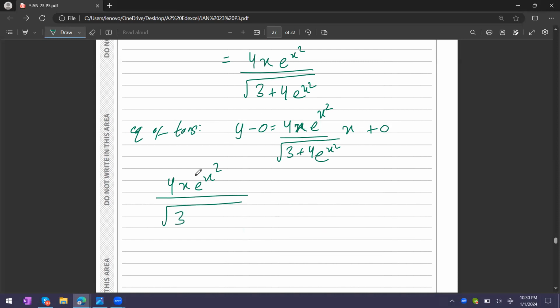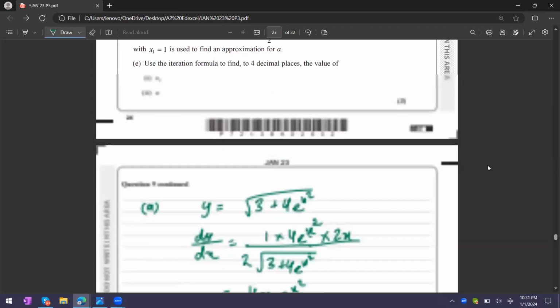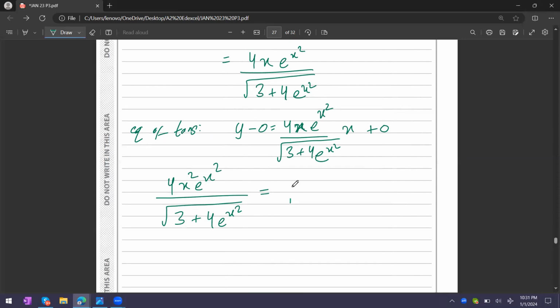There is an x also here, so that x is going to make it a square. And this, let's equate to the equation of the curve given at the start: the square root of 3 plus 4 e raised to power x. Okay, simplify that.